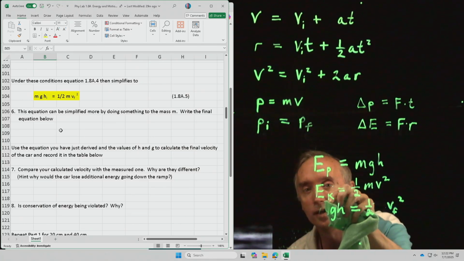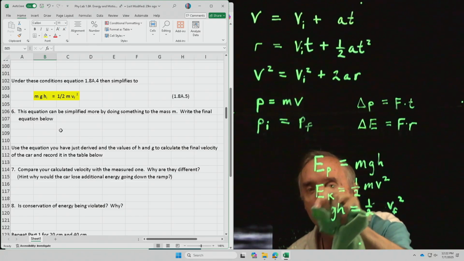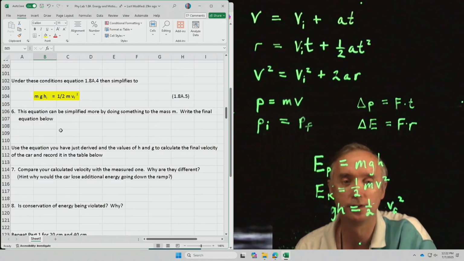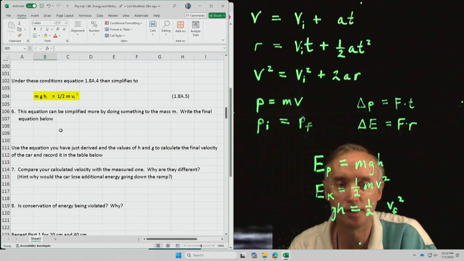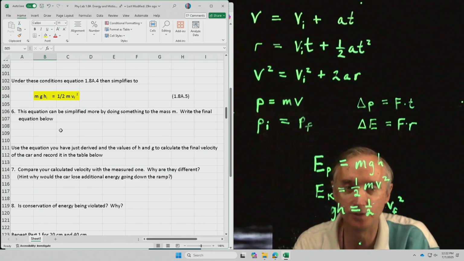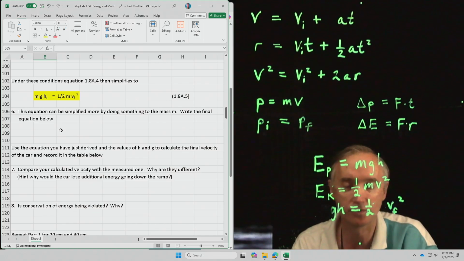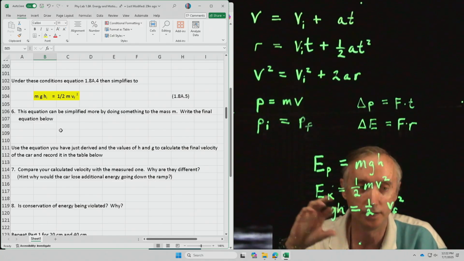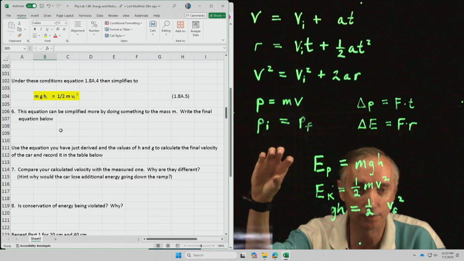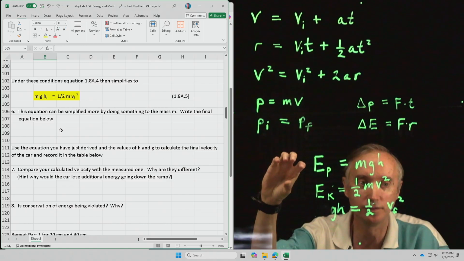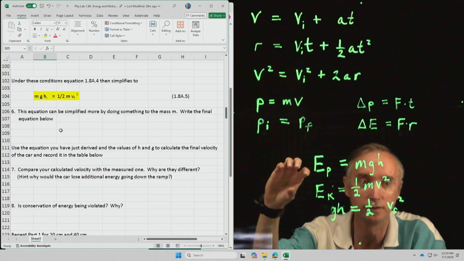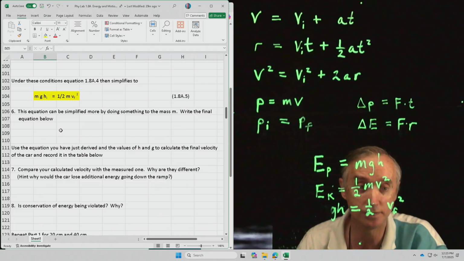And this is a very good thing. It tells us a couple of things. One, we could not do the simulation because did you notice that they did not give you the mass of the car? But we don't need to know the mass of the car because it canceled out. Another interesting thing is what would happen if you had a big, heavy car on the ramp and a little dinky Volkswagen car on the ramp at the same height.